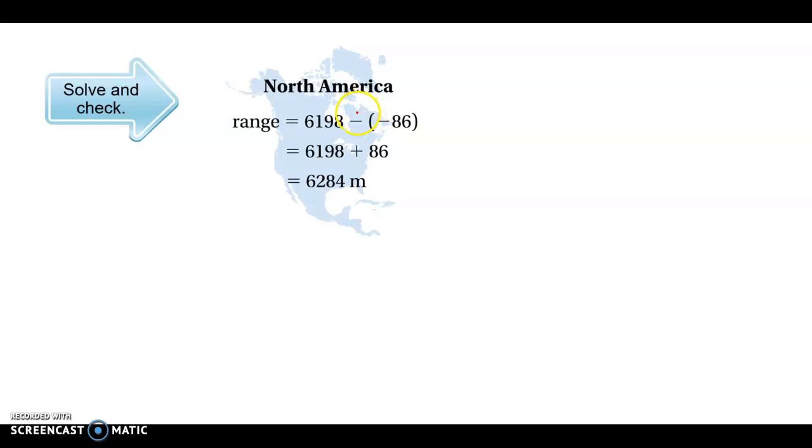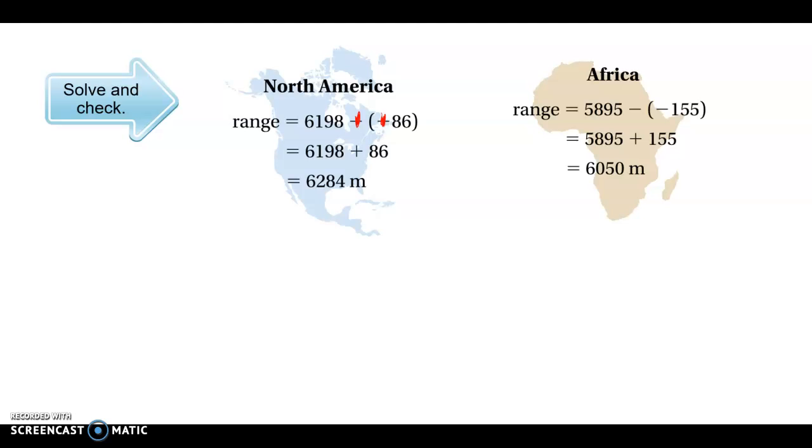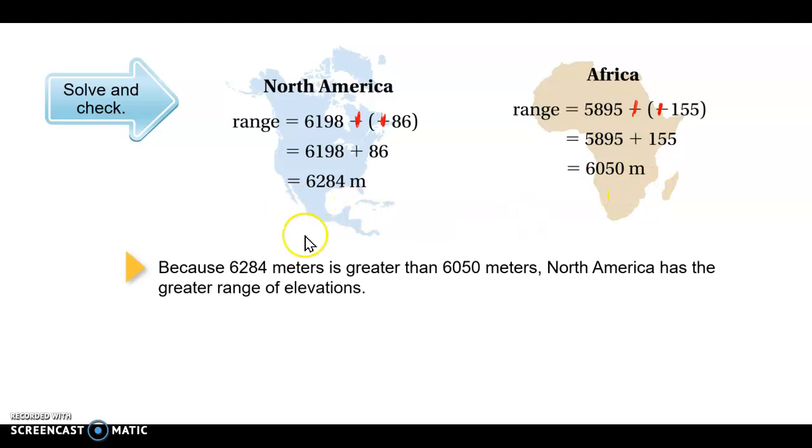So remember, add the opposite, ends up being 6284. And then on Africa, biggest minus the smallest, we end up with 6050. So which one has the greatest range? It would be North America.